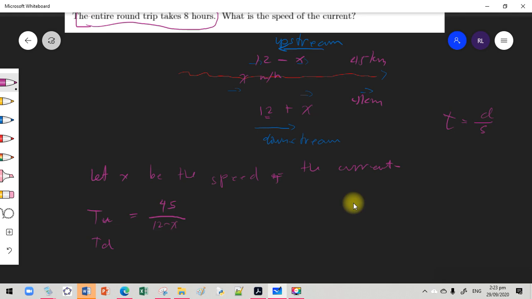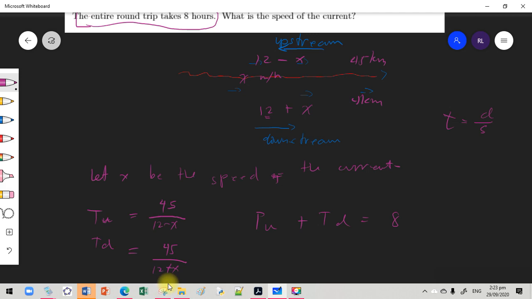Time downstream is the distance downstream, which is still the same 45, over the speed downstream, which is 12 plus x. And if we add time upstream plus time downstream, that is just 8 hours.